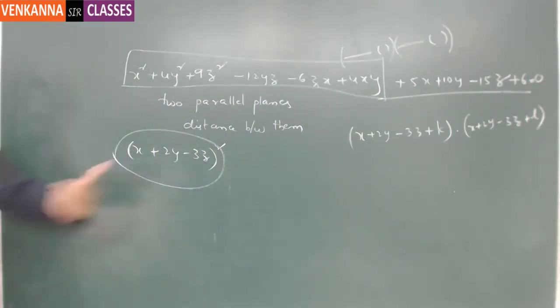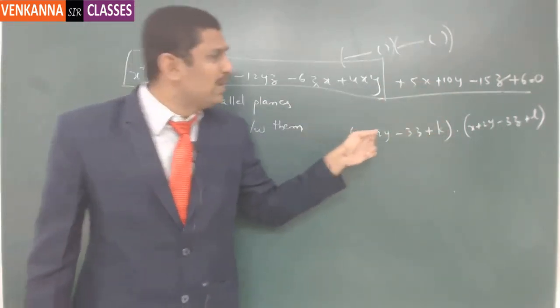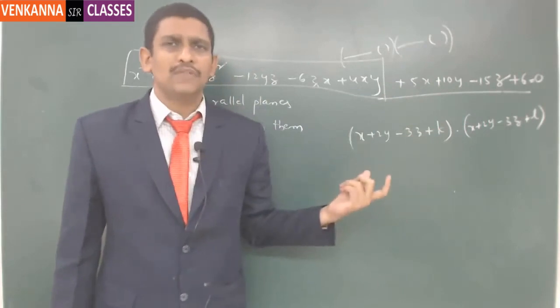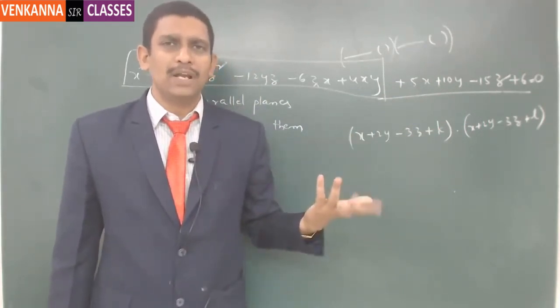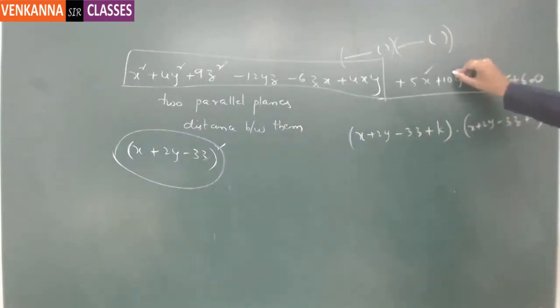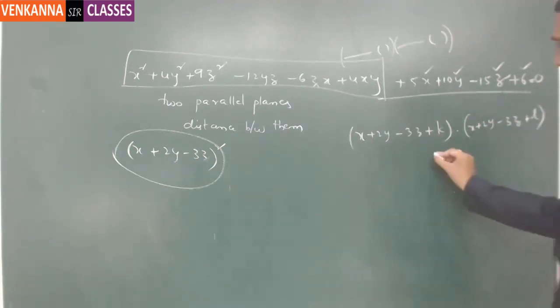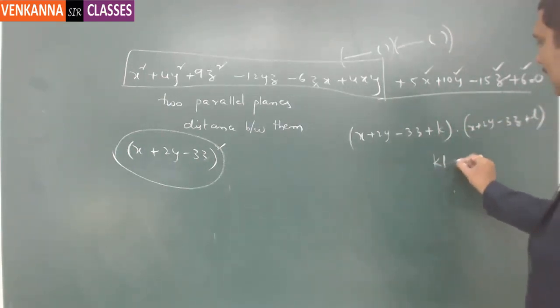So, now I compare these two things here. Actually, we need to multiply the entire thing, but on observation, there is no need to multiply. We simply compare what the x coefficient is, what the y coefficient is, what the z coefficient is, and what the constant is. The constant will come only when you multiply these two things. So, KL is equal to 6.